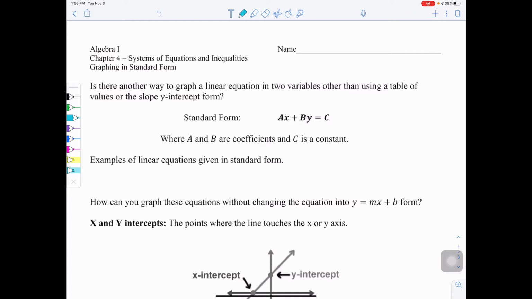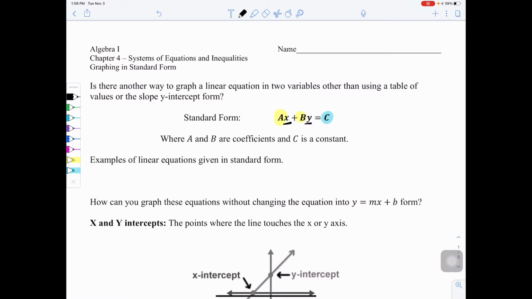Standard form keeps the variables on the same side together. Now, A and B are considered to be coefficients, and C is going to be a constant. Okay, all of those are numbers. The x and the y are variables, and they are going to stay variables.